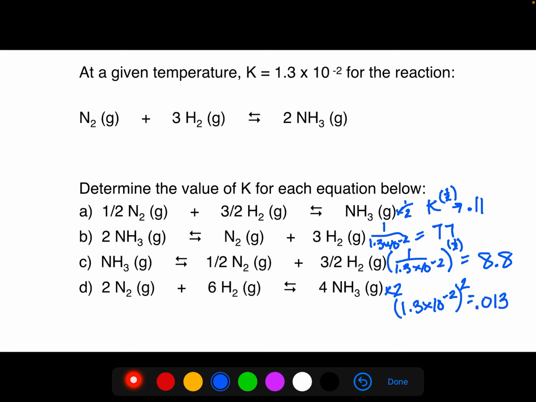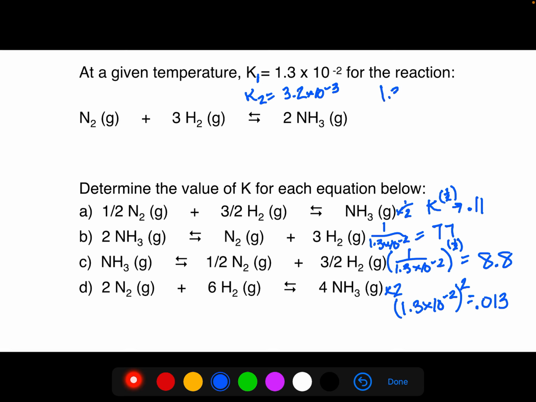And I don't have an example offhand of the one where you're combining. But say that this was the K for one reaction and the K for a second reaction is 3.2 times 10 to the negative third. And those two are being combined to get the overall reaction.